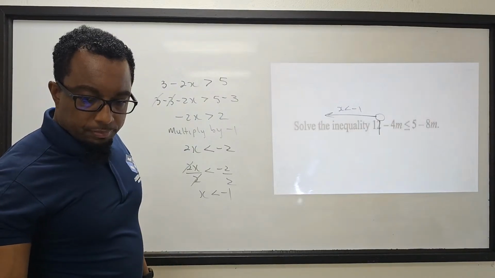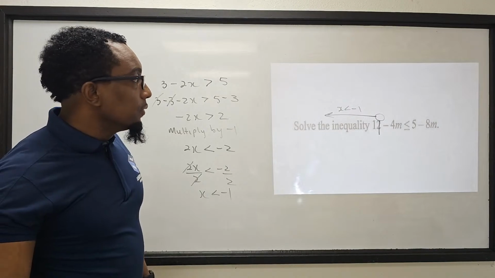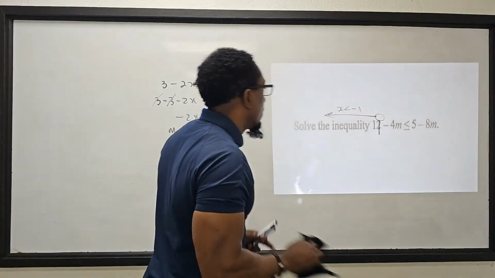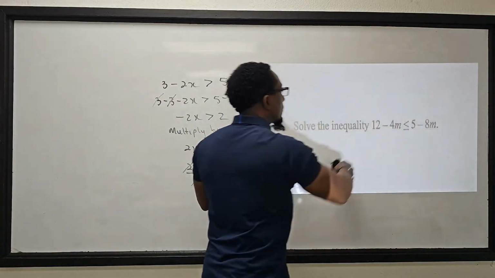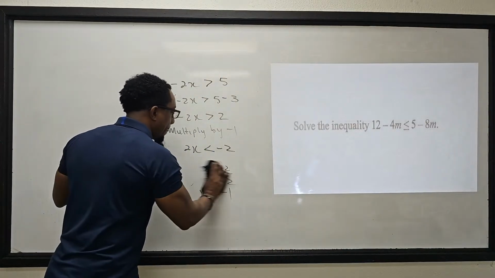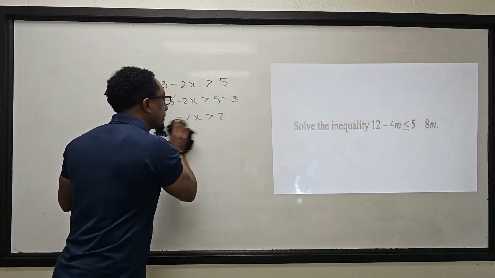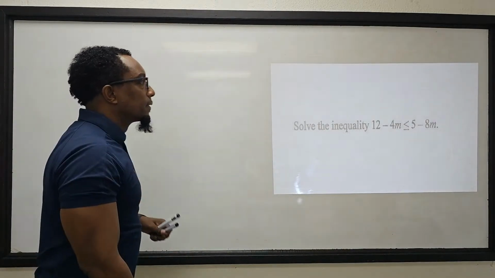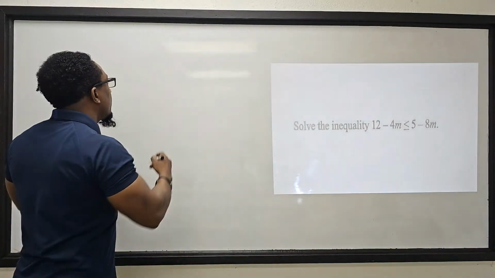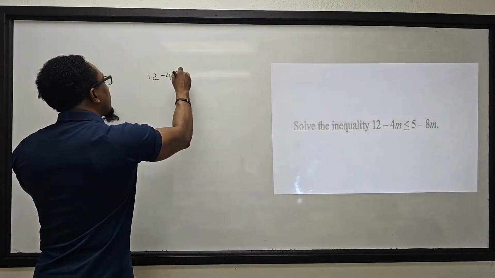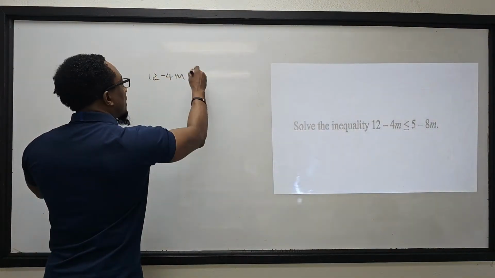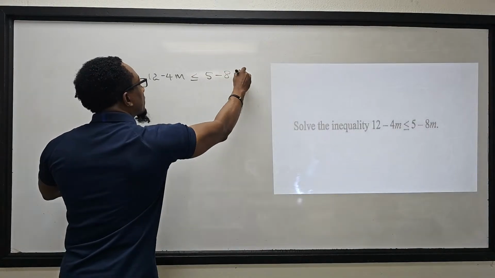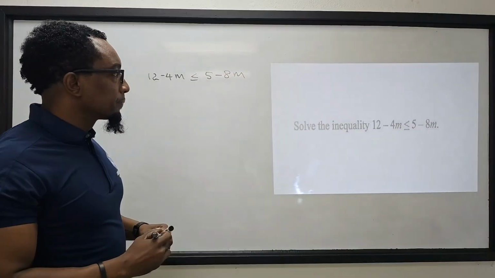So, let's do one more inequality. Solve the inequality 12 subtract 4m is less than or equal to 5 subtract 8m.